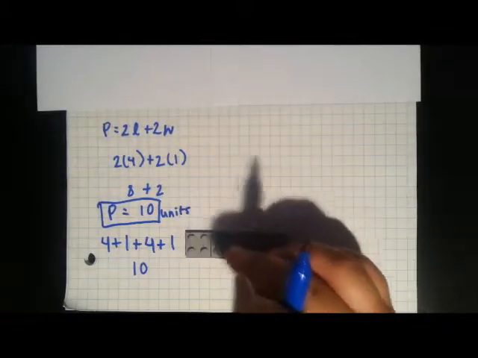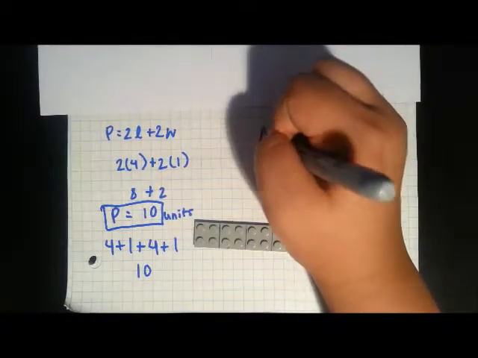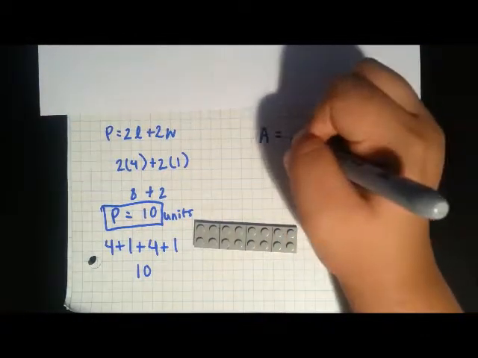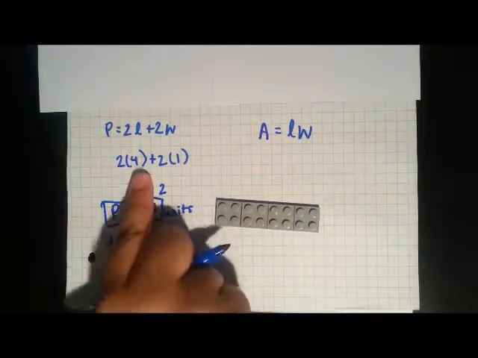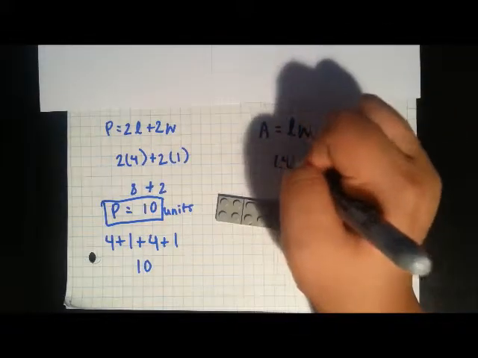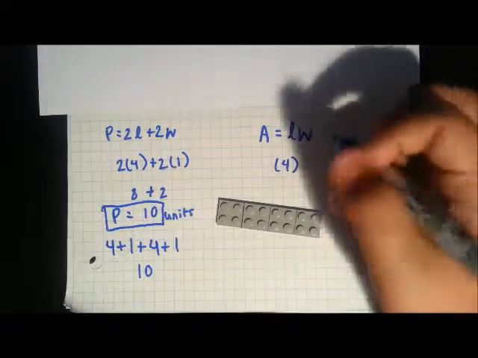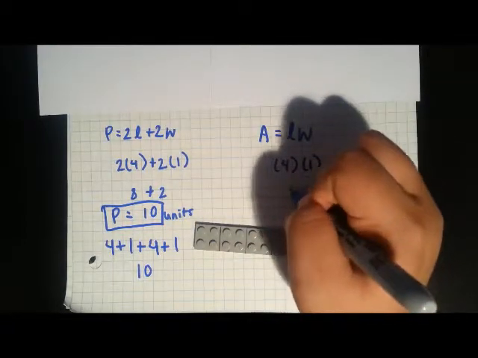And so if we were going to calculate the area, the formula is area is equal to length times width. So we said the length was 4, 1, 2, 3, 4, times the width, we said it was 1. 4 times 1 is equal to 4.